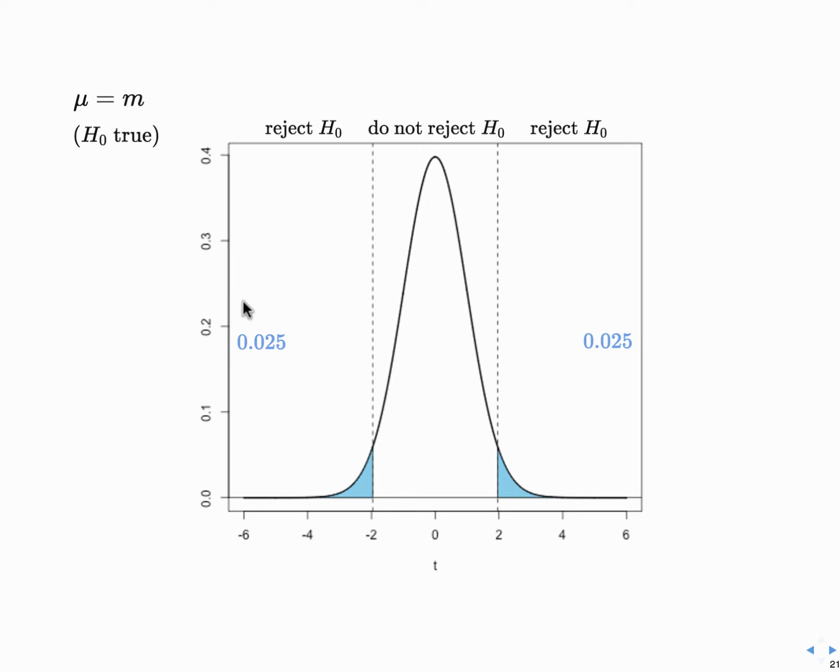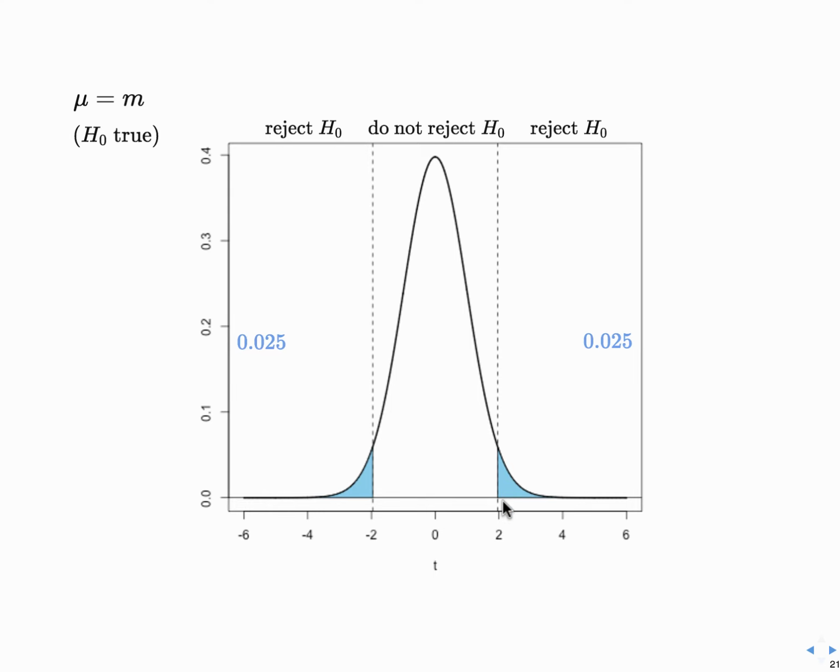We divide up this region into values of t, if you like, where we reject the null hypothesis. So everywhere above this line here, we reject the null hypothesis. Okay, and everywhere below here, we also reject the null hypothesis. And then in the middle, we do not reject the null hypothesis. All right, so this is a standard 5% test.